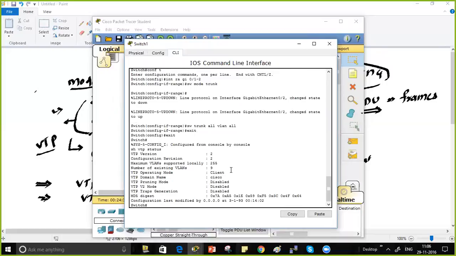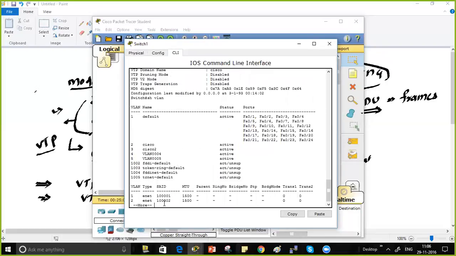Now see this. It is a client, and did I configure the domain name in the client? No. In the server, I have configured the domain name as Cisco, but it is reflected in the client. Just see show VLAN in the client.